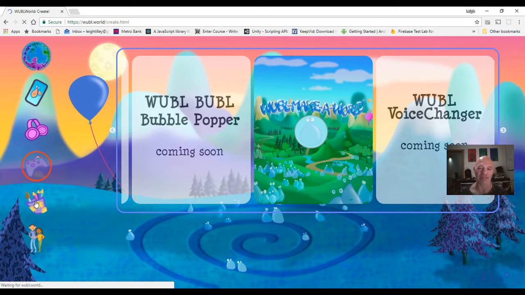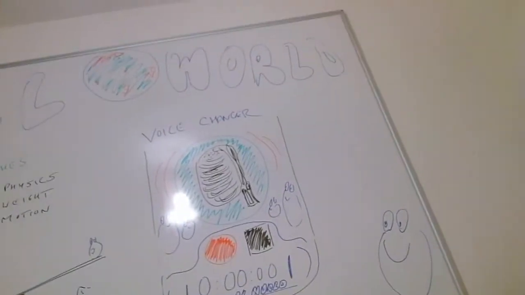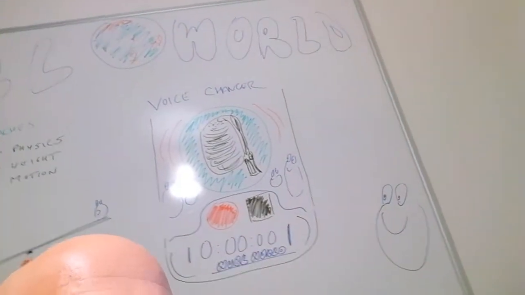Overall, the next 2 games. In addition to Make a World, we obviously have lots and lots of content planned, and with regard to games, there will be the first one, you can see behind me here, the voice changer.